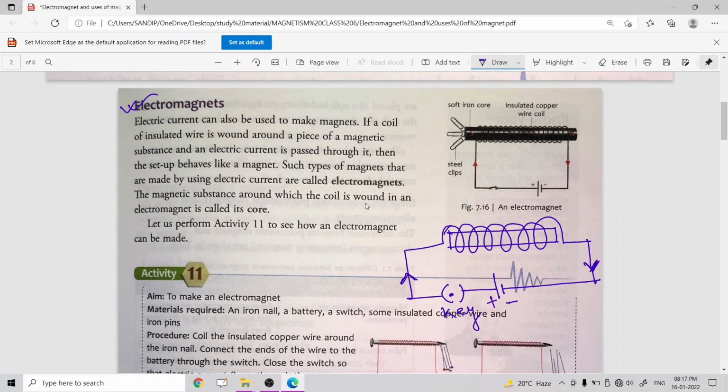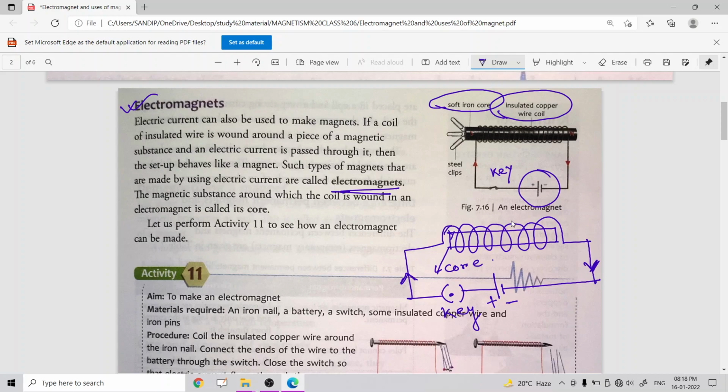The magnetic substance around which the coil is wound is called the core. Here you can see the soft iron core, the insulated copper coil, the key part, and the positive and negative terminals of a cell.